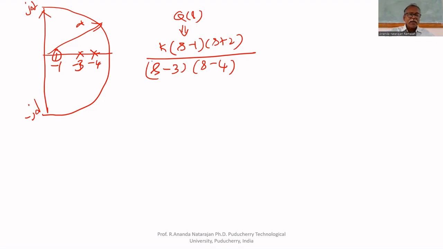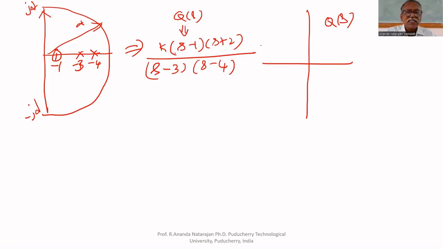Therefore, if you do the mapping, that is substituting all points on the contour in Q of S, you will get another contour here in the Q of S plane. Here, it will encircle how many times? One zero and one pole will get cancelled. That's why it will encircle in the anti-clockwise direction only once.